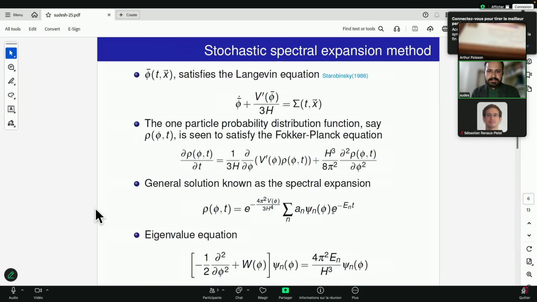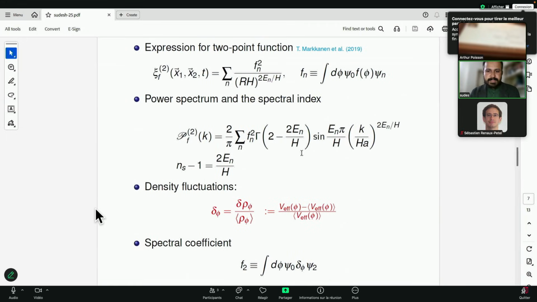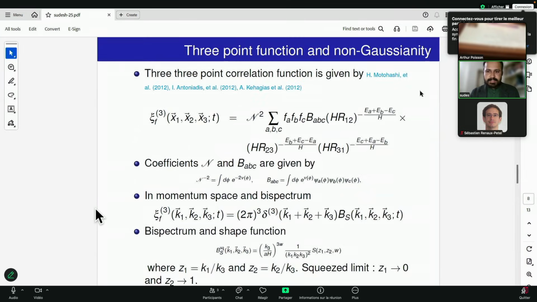Next we compute the various correlation functions using the stochastic spectral expansion method. We have the power spectrum and the spectral index, and our main focus is on the density fluctuation, where the effective potential dominates. We compute another correlation function, the 3-point correlation function, using the one-point probability distribution function.